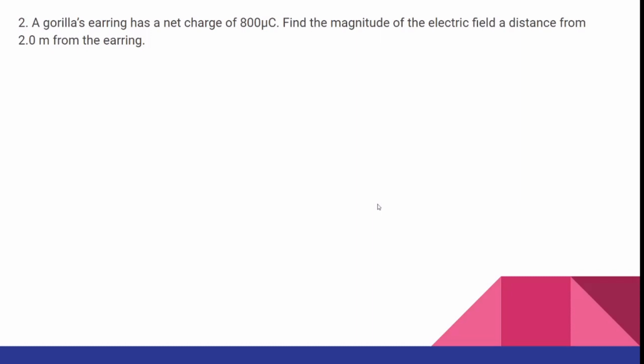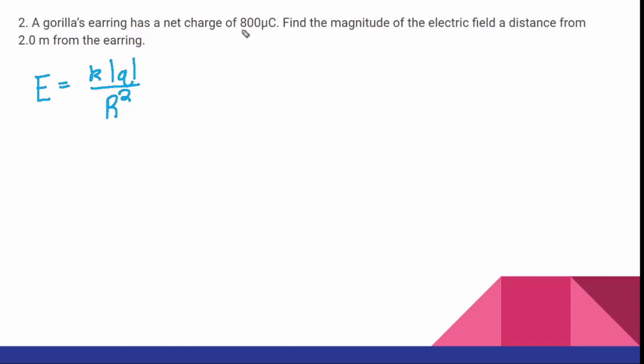For our next question, a gorilla's earring has a net charge of 800 microcoulombs. Find the magnitude of the electric field a distance 2 meters from the earring. For this question, we will be using the equation E is equal to K times the absolute value of the charge Q divided by distance r squared.